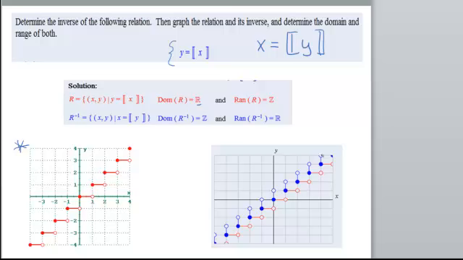The domain of this one represents all of the integers this time. Do you see how x is equal to 1, it's equal to 2, it's equal to 3, it's equal to 4. So x in the blue case is all the integers, but what's y? In this case, y is everything. So y is all real numbers, and x is the set of integers.